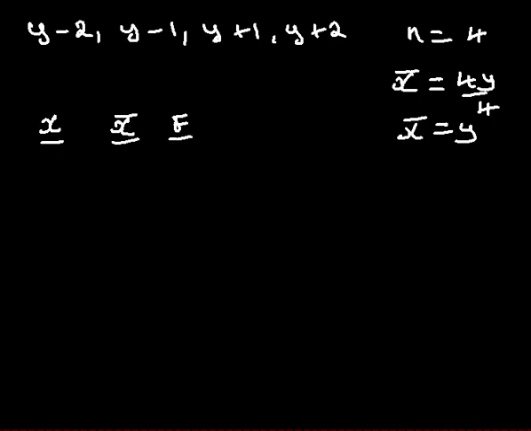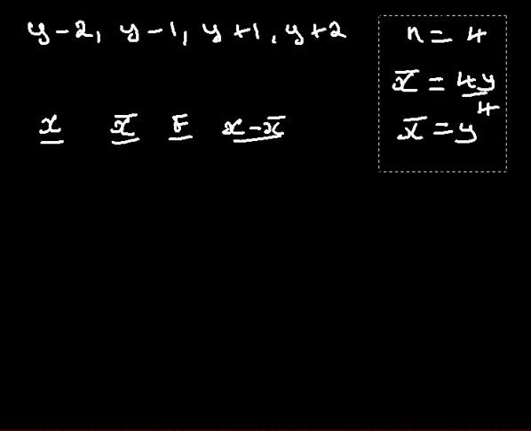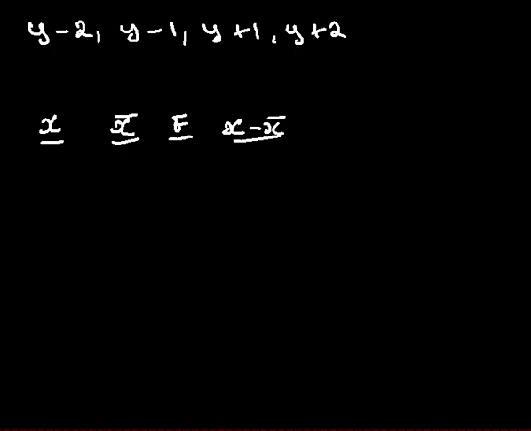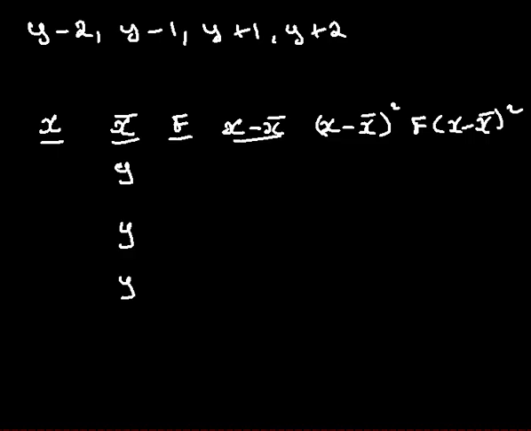And we'll have the deviations from the mean, that is another column, and we should have the square of the deviations from the mean, that is another column, then the frequency times the square of the deviations from the mean, that is another column. Of course, the mean is y, that has to be noted. So the mean is given as y, you can present that in advance.